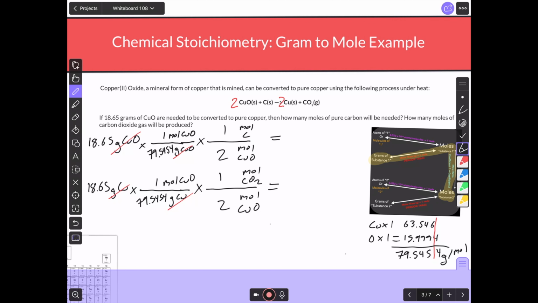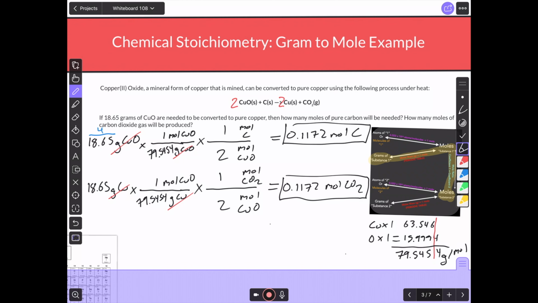We have 4 sig figs this time, and if I do this to 4 sig figs, it is 0.1172 moles of carbon, 0.1172 moles of CO2. And I didn't plan for these to be identical, it just turns out that way. The ratios turned out to be the same, and sometimes you get lucky that way.